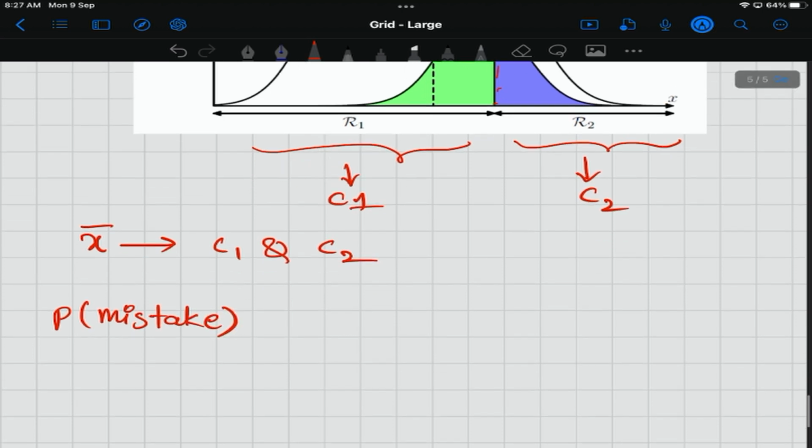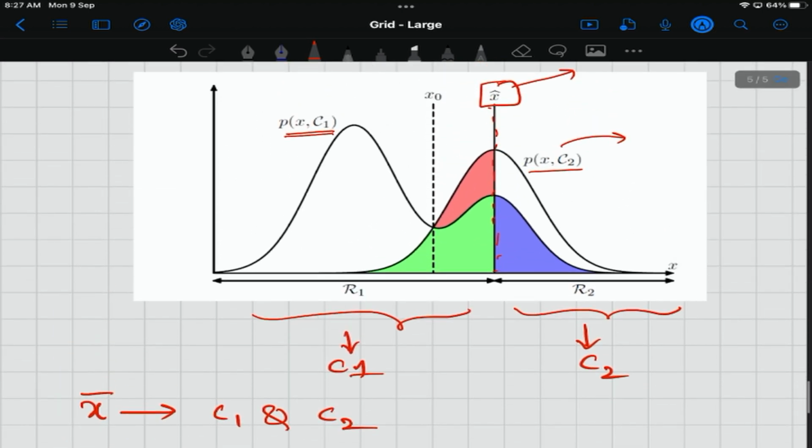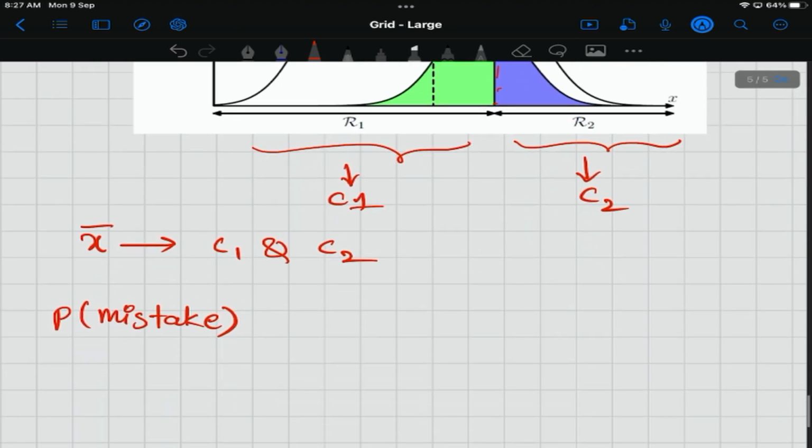Given these distributions, and you are using x hat to do the separation, we have to find the probability of mistake.